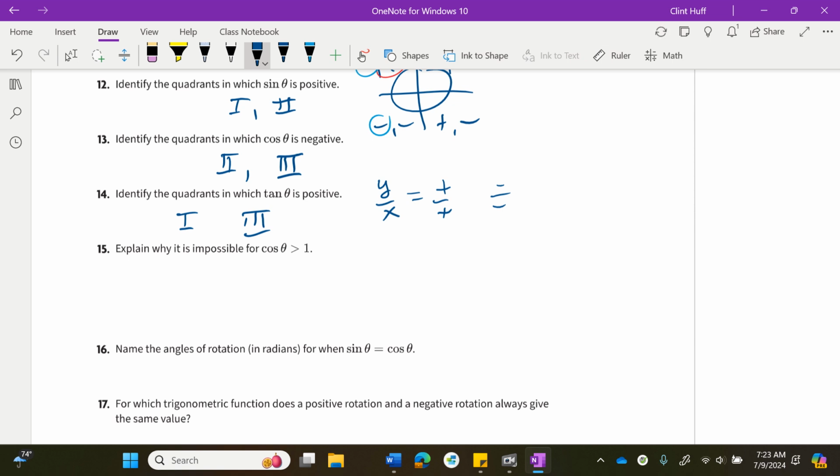Why can't the cosine be greater than 1? The definition here is the unit circle. So when we draw a triangle into the unit circle, the radius of the unit circle is 1. So that means that the maximum value, and the cosine is the adjacent over the hypotenuse.